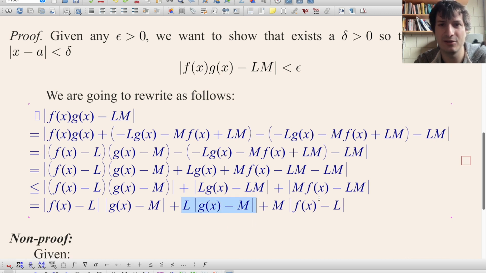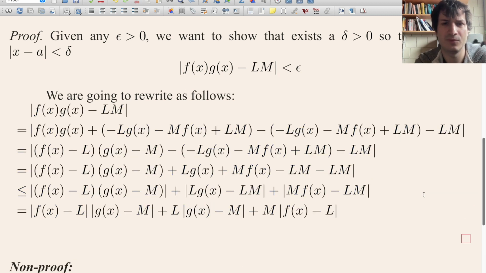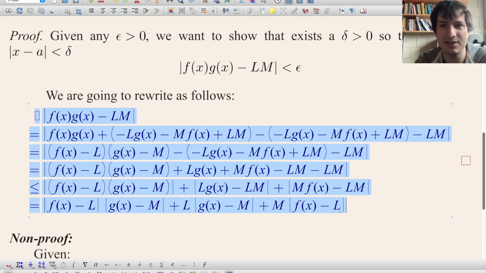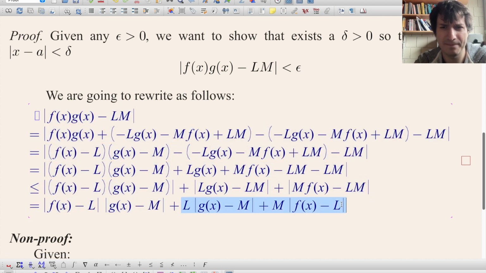So how am I going to make these two terms? These two terms are easy. Let's do these first.